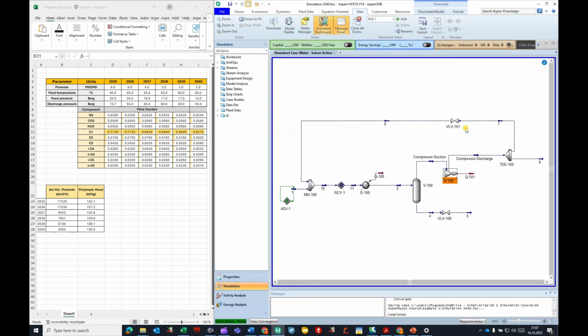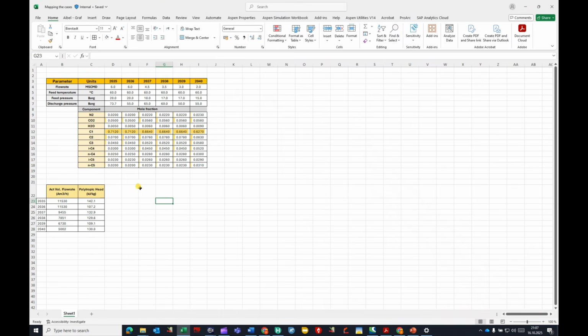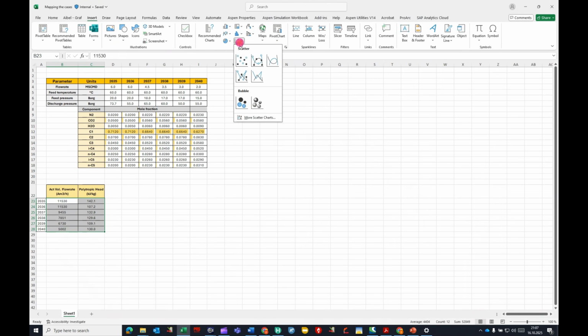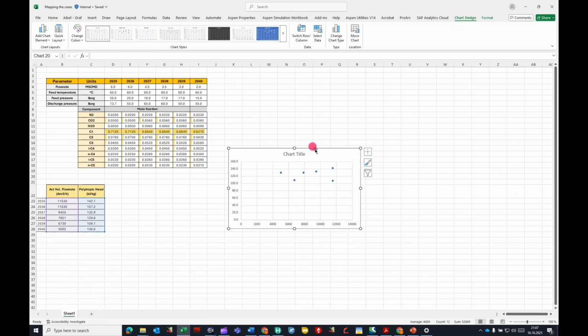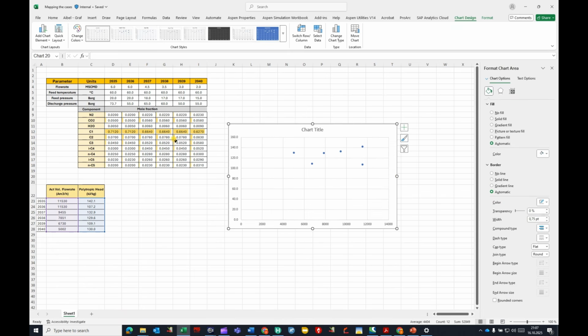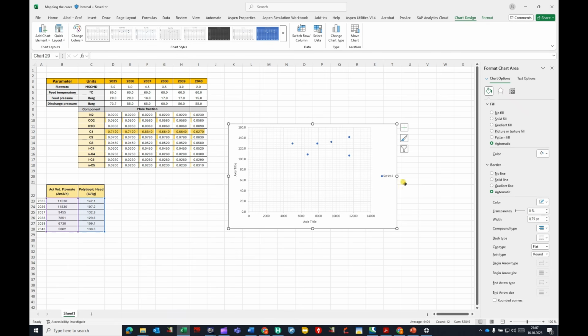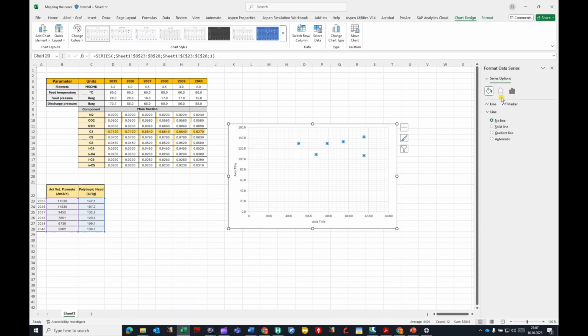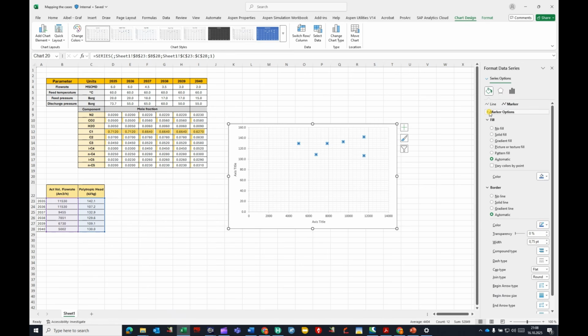So now we have all the data we needed to map the cases. Make the markers a bit larger.